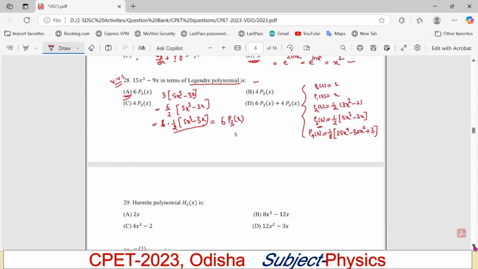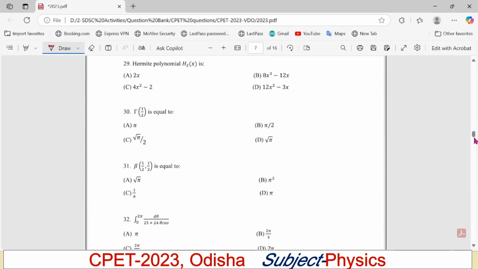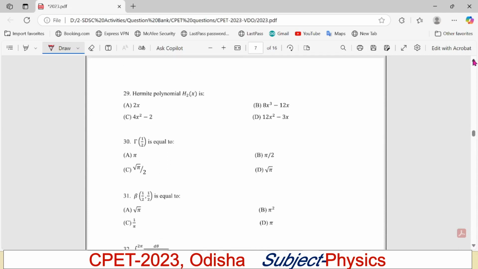Okay, next question, Hermite polynomial. Hermite polynomial H2(x) is how much? This is a direct question. You should remember. Also I suggest at least 3 to 4 Hermite polynomials you have to remember. That is your H0(x) is 1, H1(x) is 2x, very essential. Whenever you are going to solve the linear harmonic oscillator, at that time these Hermite polynomials are very much essential.